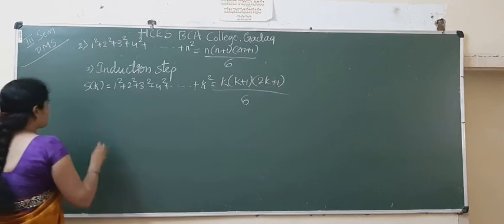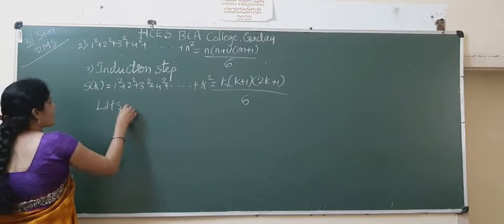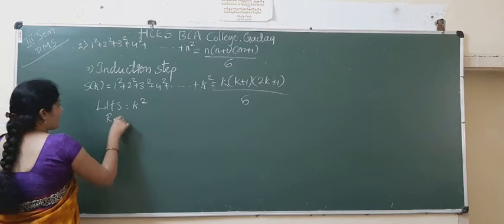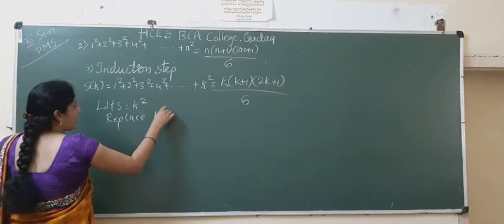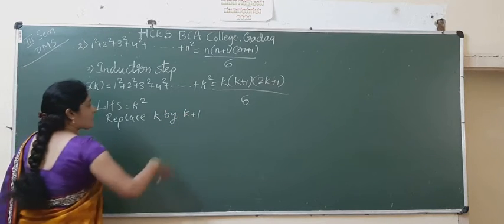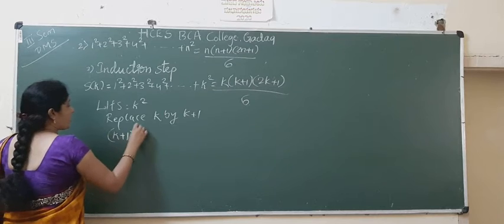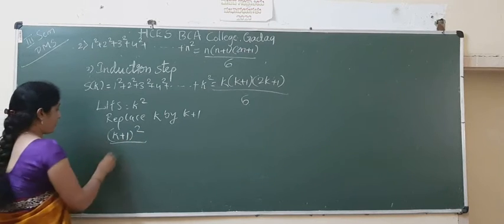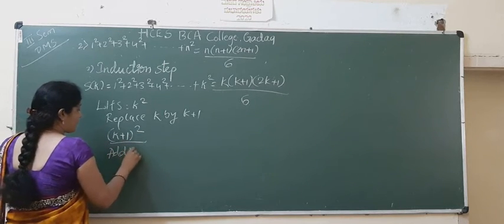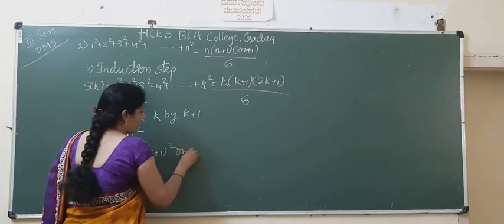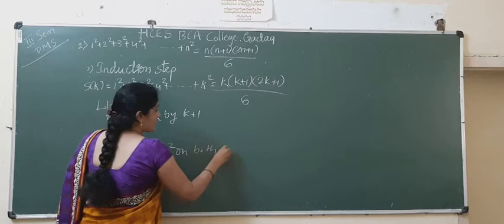So now, what is there in the LHS? That is k square. Now, replace k by k plus 1. Then this becomes k plus 1 whole square. Therefore, adding k plus 1 whole square on both sides.